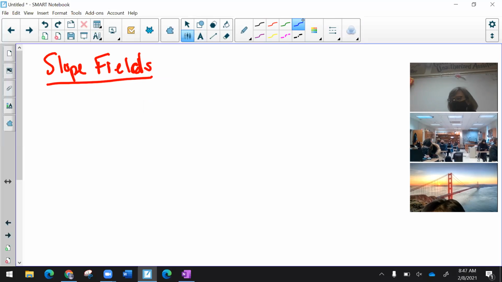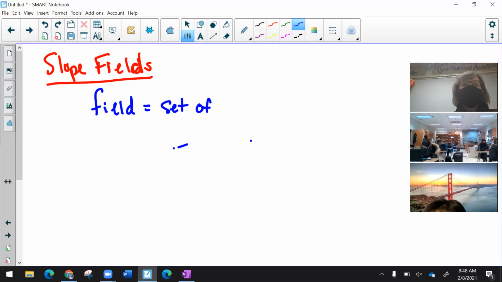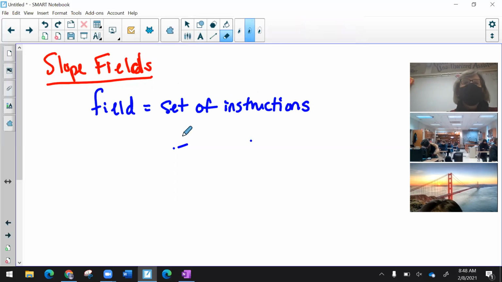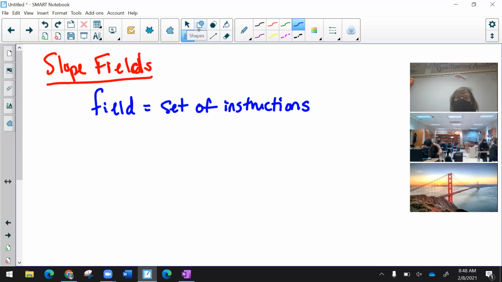What I have found that works as a definition for a field of any kind is it's a set of instructions. And those instructions exist regardless of whether or not anything is there.